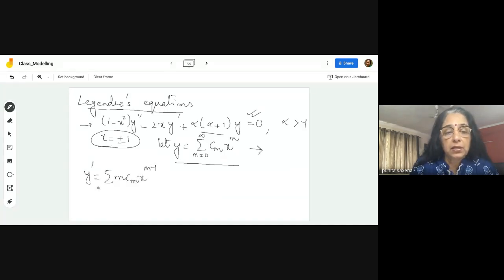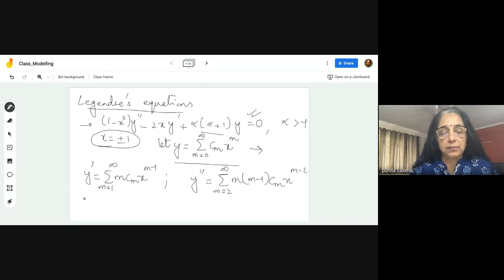So your y dash will be summation m equal to 1 to infinity m c_m x^(m minus 1), and y double dash will be m(m minus 1) c_m x^(m minus 2), m from 2 to infinity.